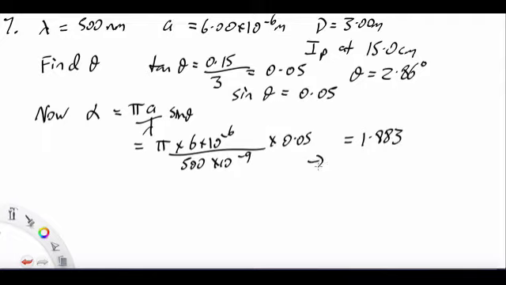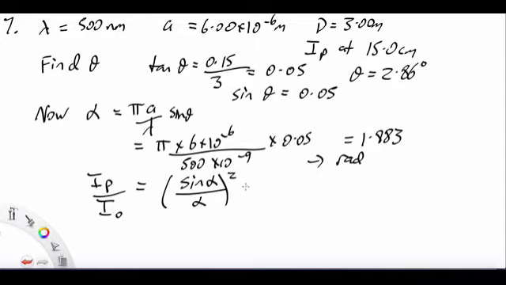Now at this point we turn our calculator to radians, because the intensity at P divided by the intensity at the centre is sine alpha over alpha, squared, where alpha is in radians.